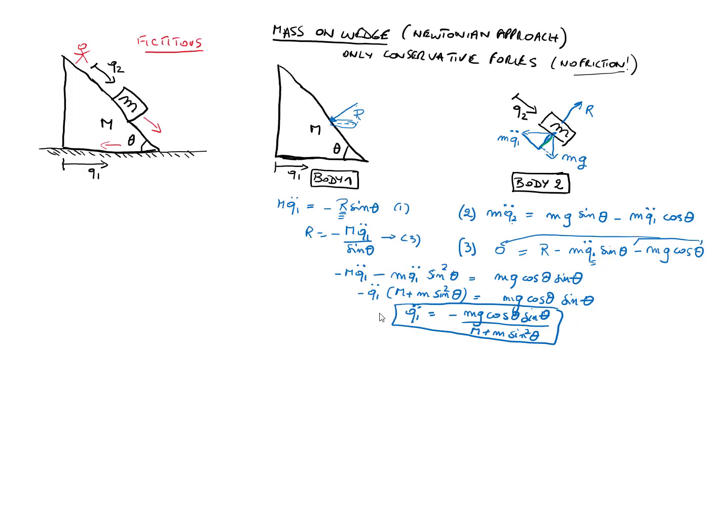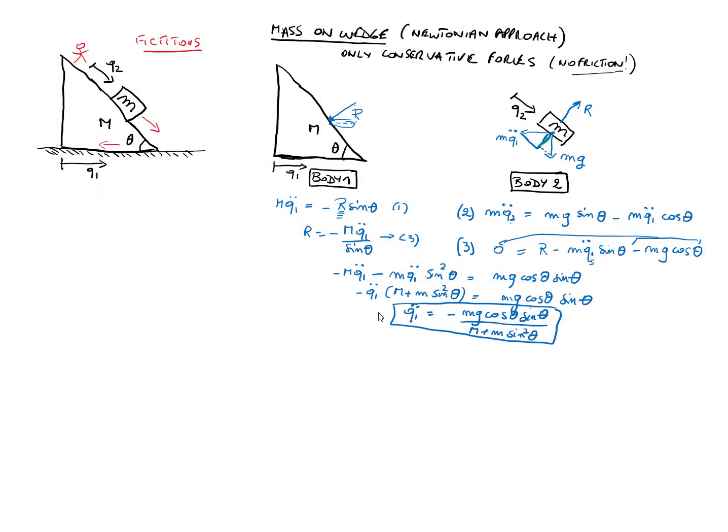Okay, so now I can take this result here and inject it in equation 2. Note that in equation 2 I have mass here, I've got it over here, and I've got it over here. Another thing to notice is that here you have j sine theta and here you have j sine theta, right?